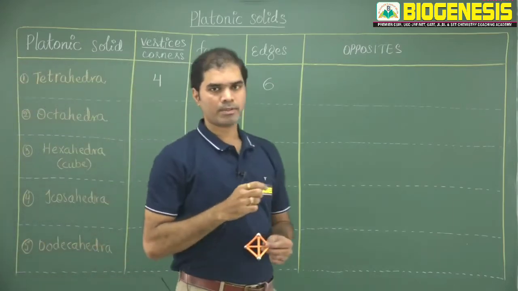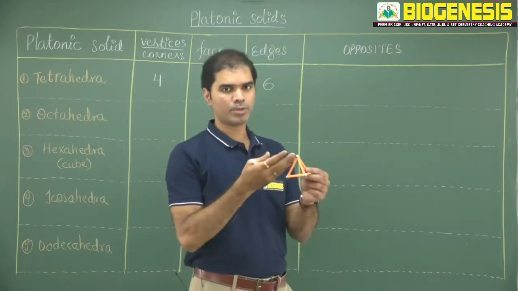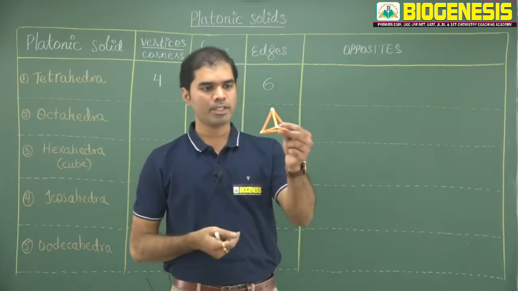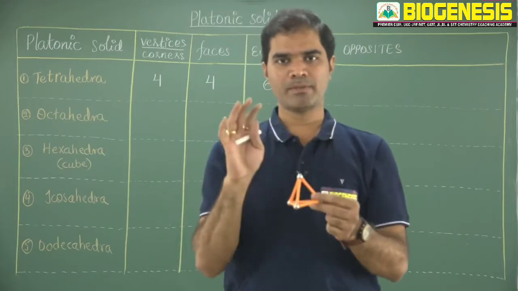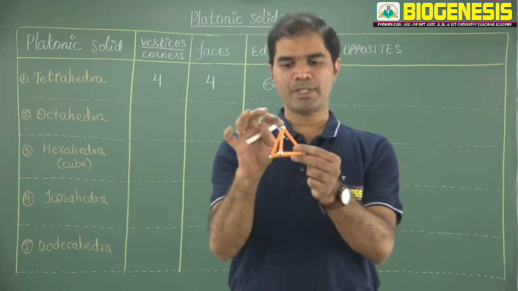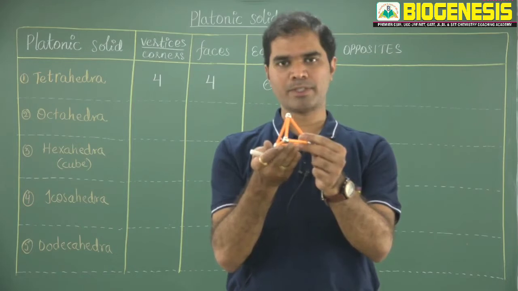Coming to the opposites, as I told you, it will be very easy for you to get the symmetry elements once you know the opposite of a vertex, opposite of a face and opposite of an edge. Now just let me show you the opposites. Let me begin with a vertex, then we will go towards faces and finally we will come towards the edges. For any vertex or a corner, the opposite is a triangular face.